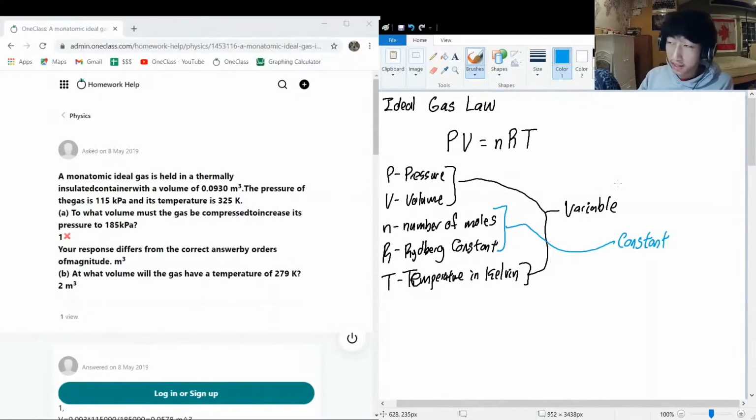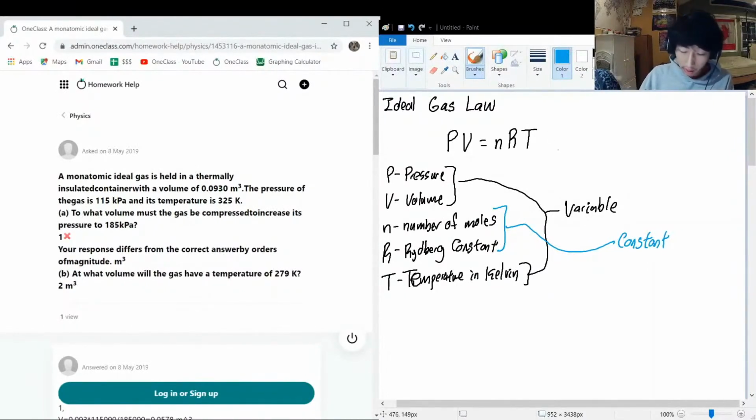Well, R has to be a constant, but for the number of moles, it's in a thermally isolated container, and you can't be thermally isolated unless you are isolated in terms of matter as well. So you can't be adding new things in there. So let's isolate all the constants, and then the variables should match up with each other.